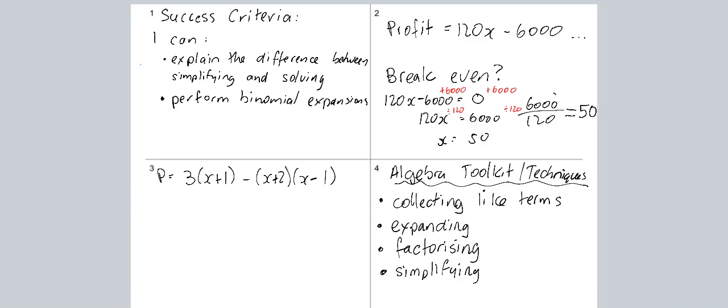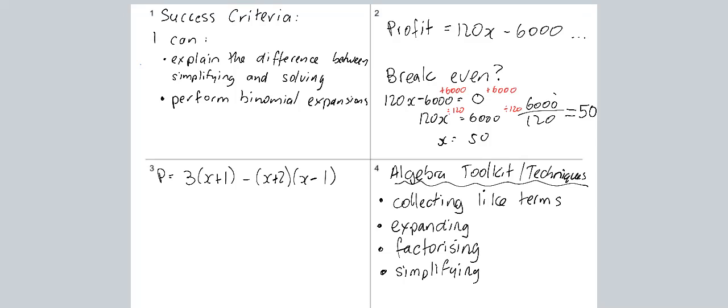If I ask you to simplify an expression, what does that mean? Yep, that's good. We talked about fractions. If I said simplify 4 over 6, what would that be? 2 over 3.